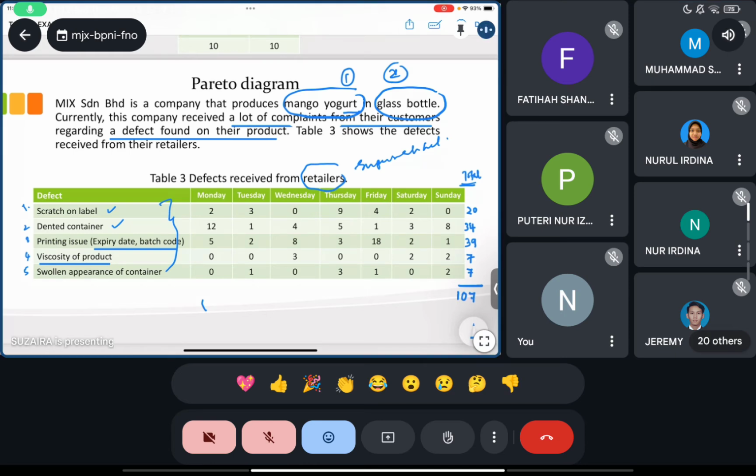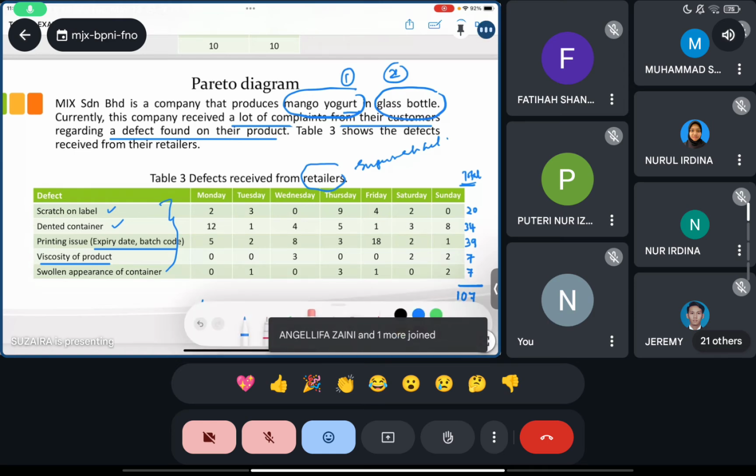So now, once you already have that, okay. Now what is the percentage? Wait a minute. Okay. The percentage, but by right, we need to calculate, we need to arrange them accordingly, right? So number one, I tulis kat tepi ni.